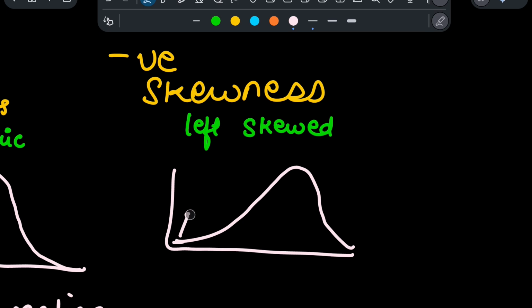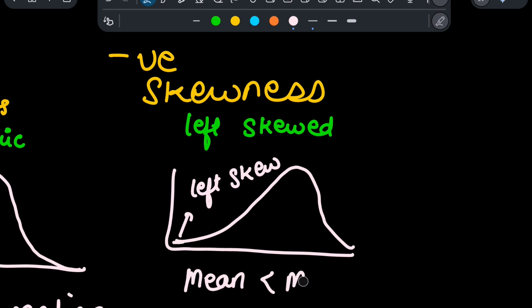The tail extends to the left, and the negative skewness occurs when the mean is less than the median. One example of negative skewness is the age at retirement. Most retire at the age of 60 to 65, but a few retire much earlier.